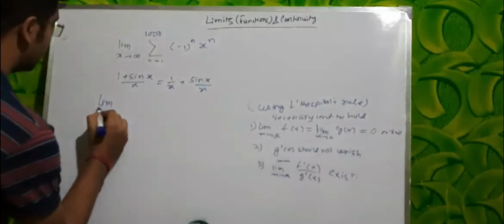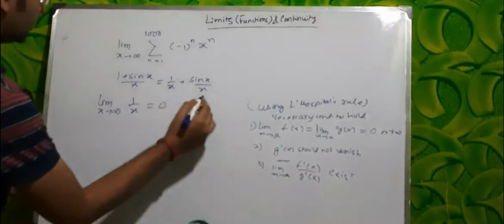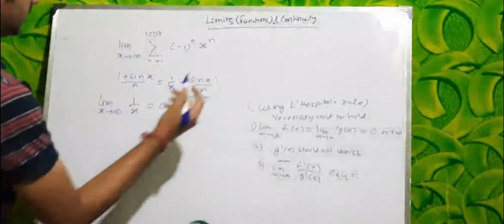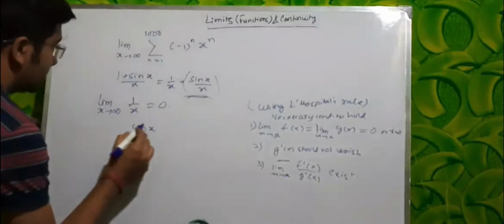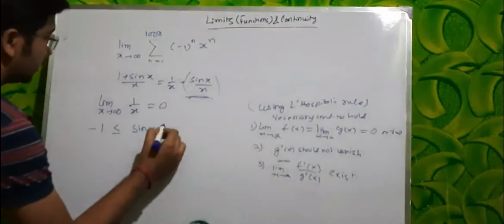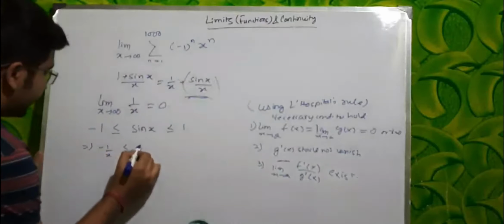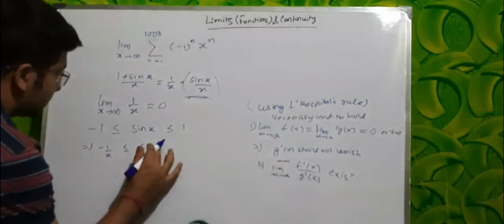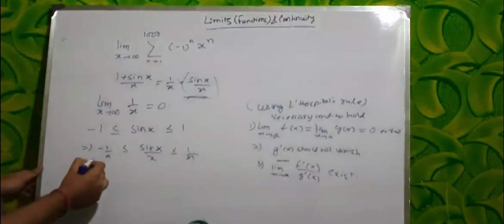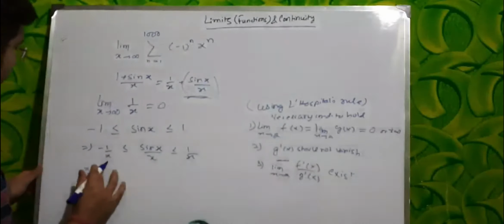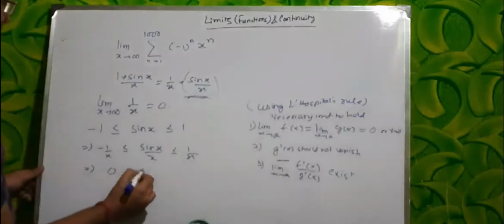So limit x tends to infinity, 1 by x is 0. Cool. And what about this? We can apply sandwich easily. So sin x is always between minus 1 and 1, and then we divide by x on all sides. So when we take the limit x tends to infinity, in all cases we get 0.